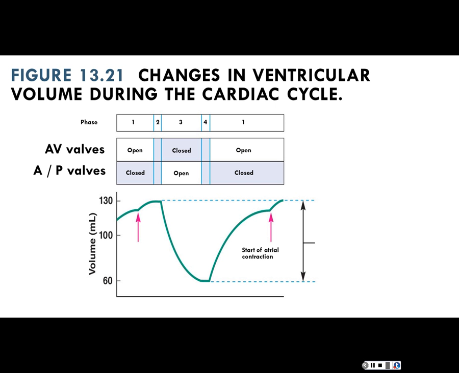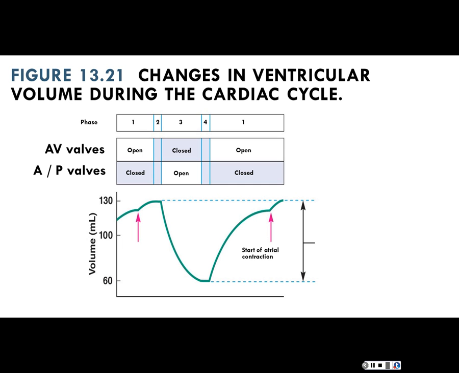We can also look at the volume changes. I had you label them earlier, but let's talk about them a little bit. So again, looking at the blood volume specifically in the left ventricle, but the volume would change pretty similarly between each of our chambers. What did I have you label this first volume as? EDV. That stands for end diastolic volume.